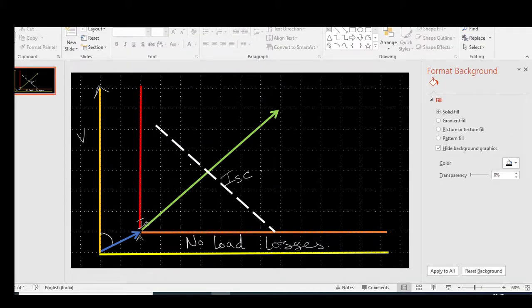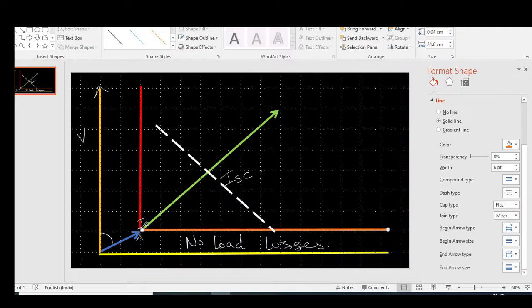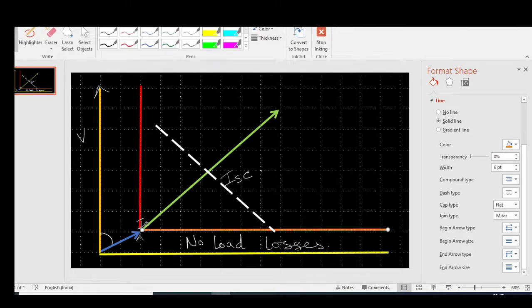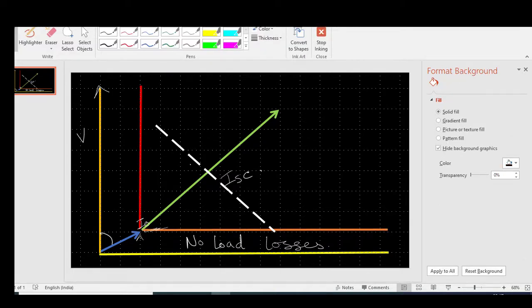So from this point we will get the radius. The radius will be this much. So we can draw an arc based on this.